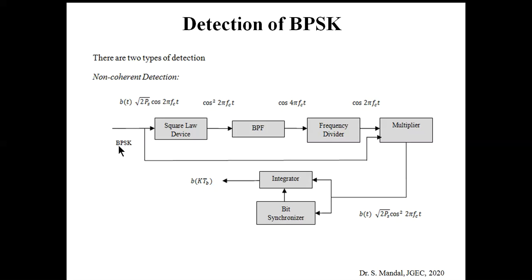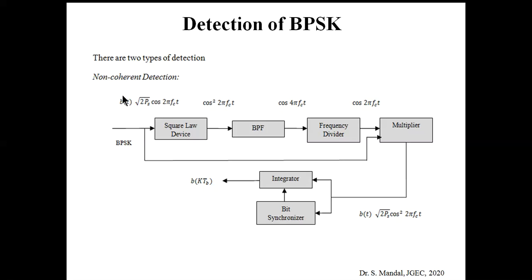So this is basically the initial BPSK signal. We already know that it can be expressed like this: BT into root 2 PS cos 2 pi FCT. Now first, this signal is passing through a square law device. Whenever it passes through a square law device, the total signal will be squared.